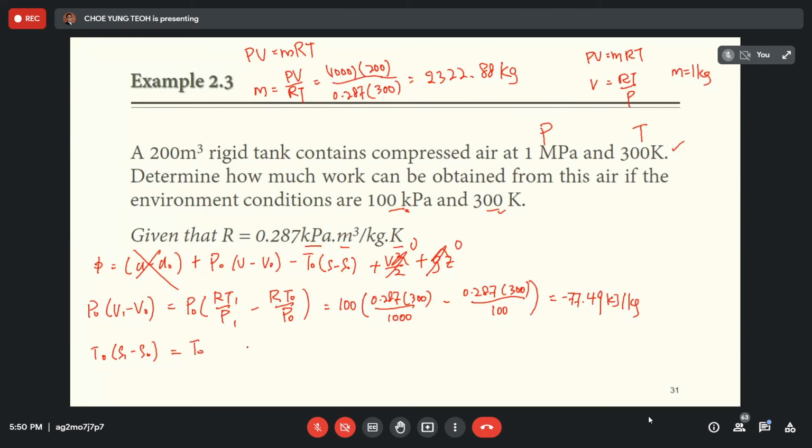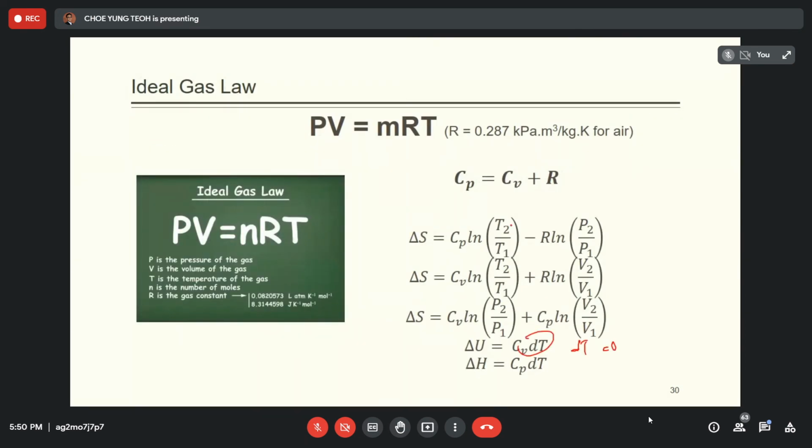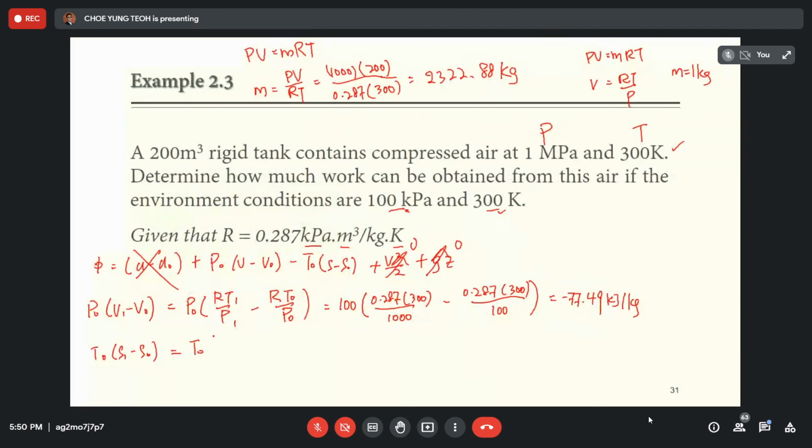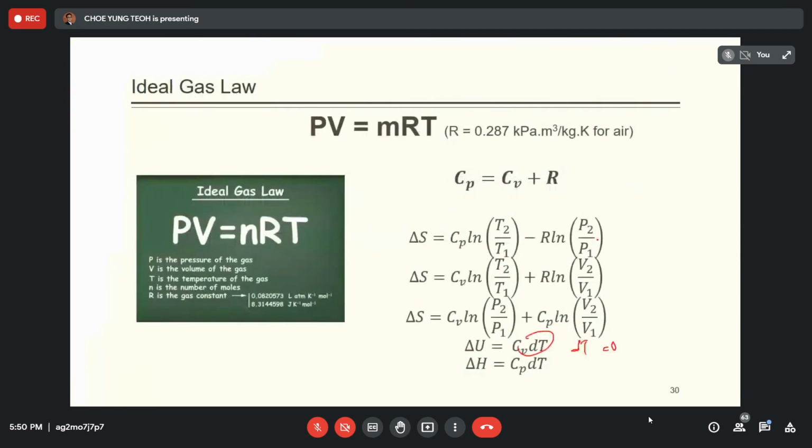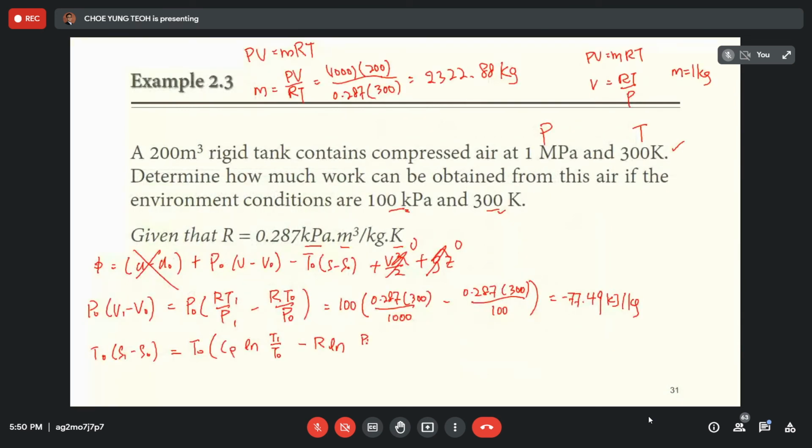And then the next one, you have to put Cp ln T2 over T1. Now it's 1 and 0, so it should be T1, T0. And then the second term is R ln P2 over P1, will become P1, P0. Yeah, because it depends on this S1 and S2. If S2 over S1, everything will be 2 and 1. If 1, 0, everything will be 1, 0.